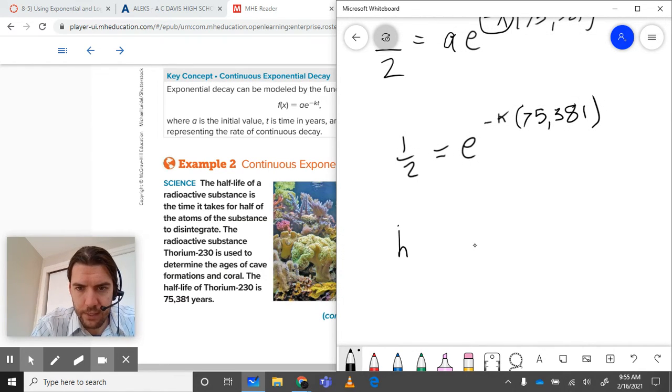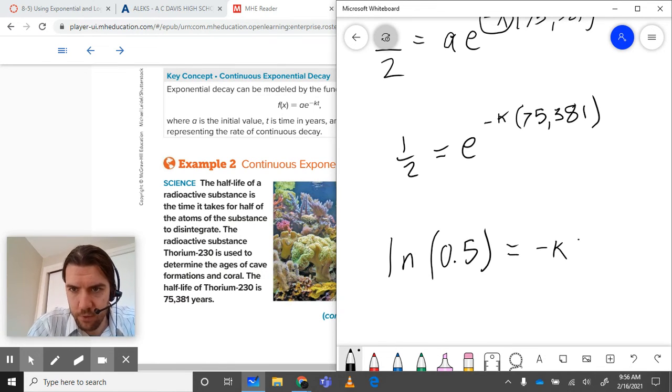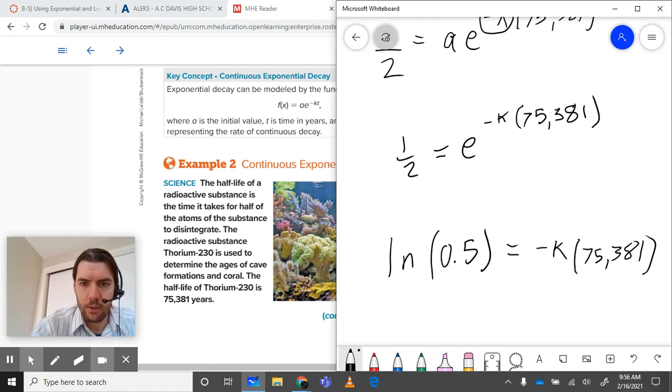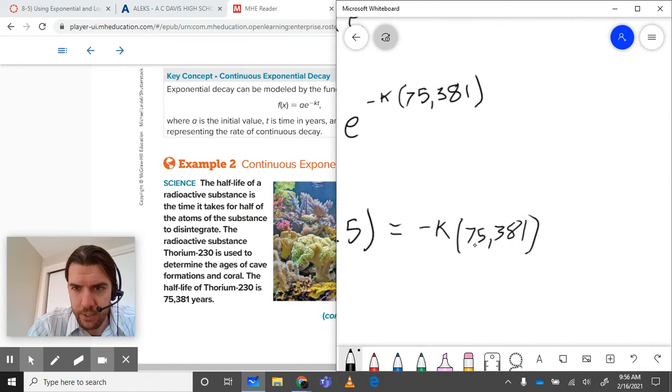We're going to take the natural logarithm of both sides so that we can get this exponent down to the main level. So ln of 0.5 should equal negative k times 75,381 times the natural log of e.